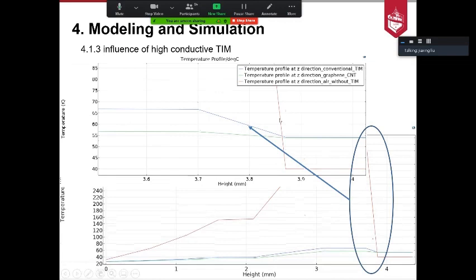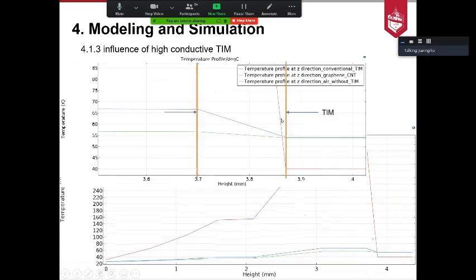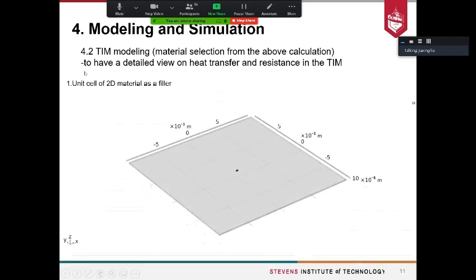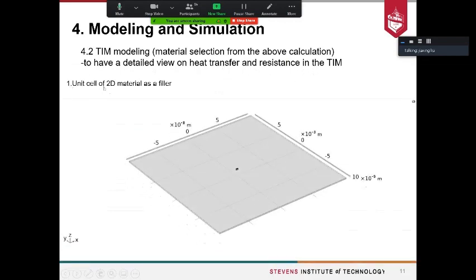So after that, I made another model, which is a detailed view of heat transfer in the TIM. Here, I used the first technical part of the 2D materials as a TIM, which is a filler of the conventional materials. Here you can see a bulk rectangle board, which is the whole TIM area.